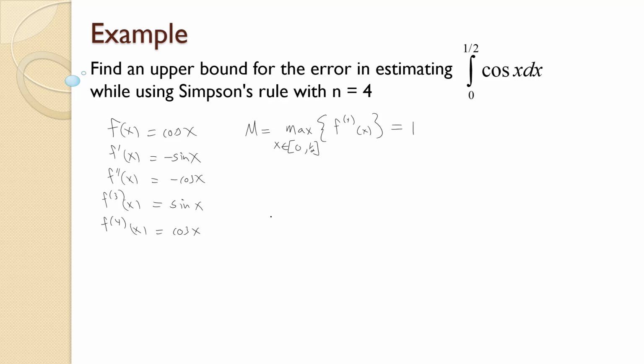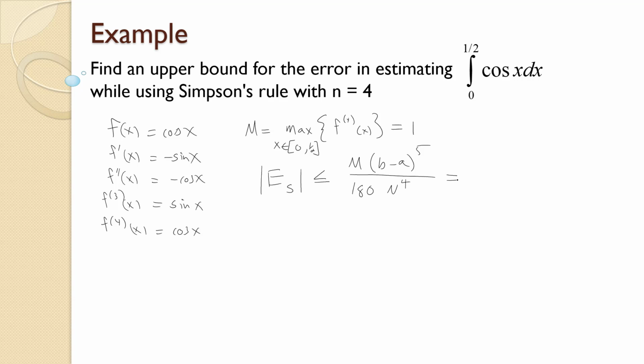So that would then mean that the error when using Simpson's rule in absolute value, because I don't know if my estimate is an underestimate or an overestimate, would then be no more than the bound M times (b minus a) to the fifth power all over 180 times n to the fourth power.